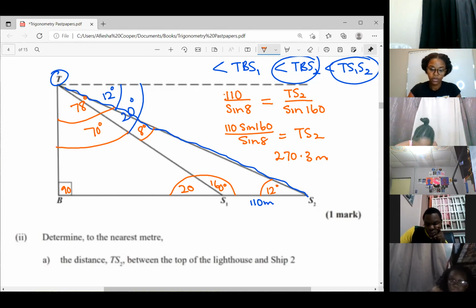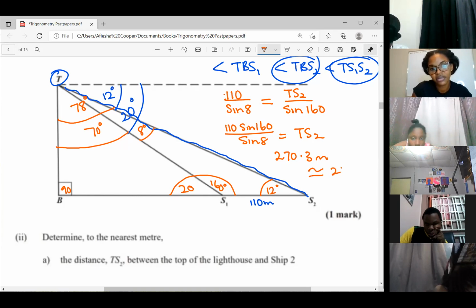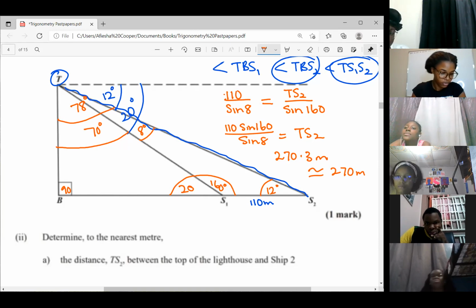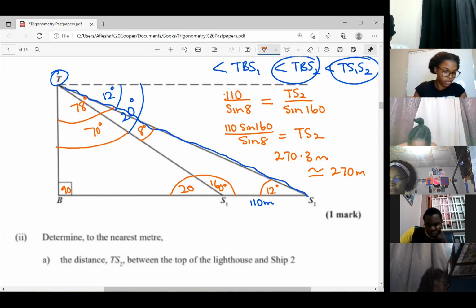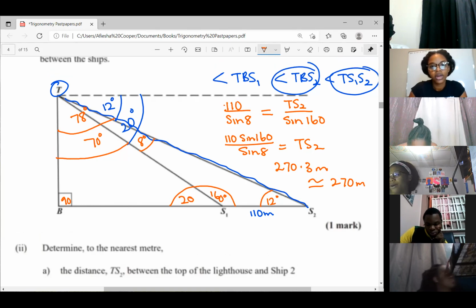So 270 meters. Everyone with me? All right. Any questions? Are we good?